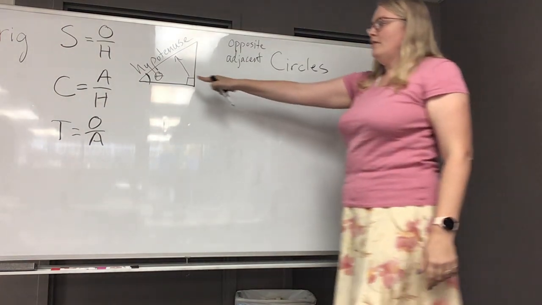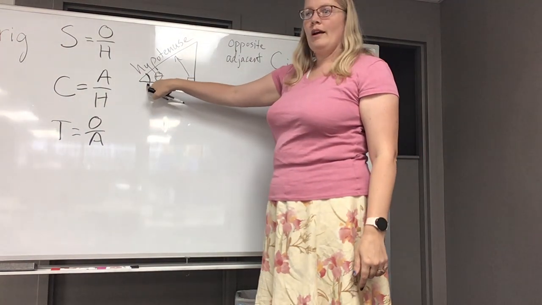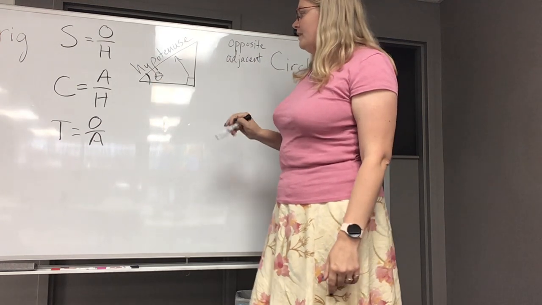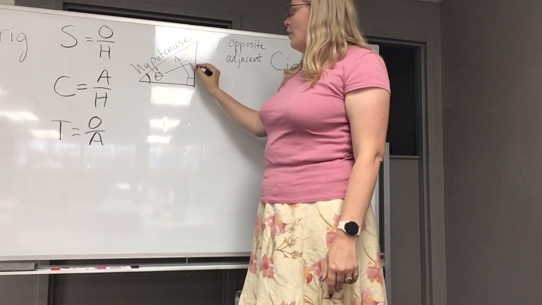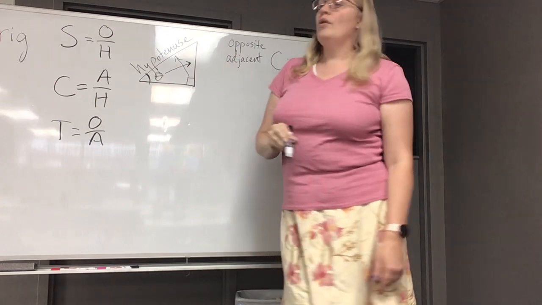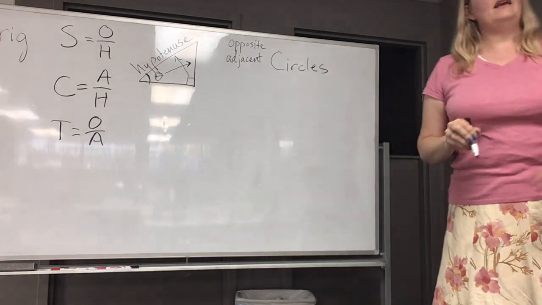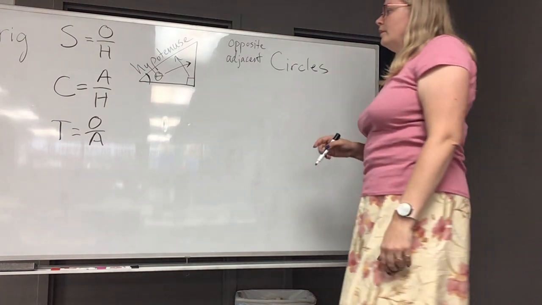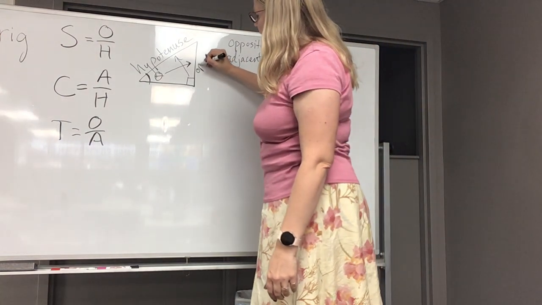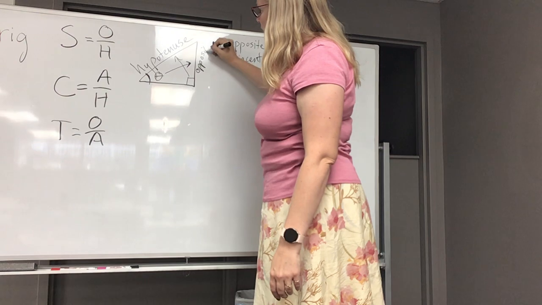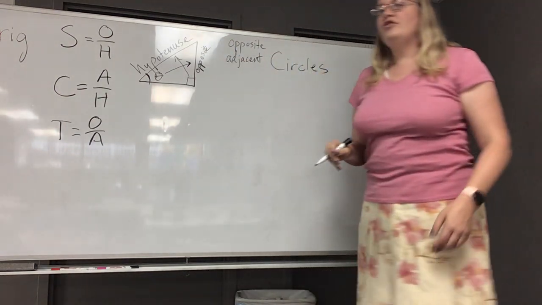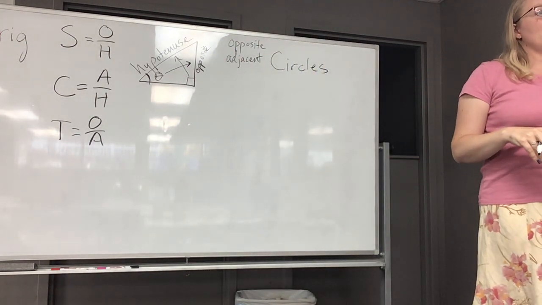Now that we have this angle, this is the one we're talking about, opposite is all the way across from that angle. Opposite means directly across from, so this would be our opposite side. Adjacent means right next to or attached.